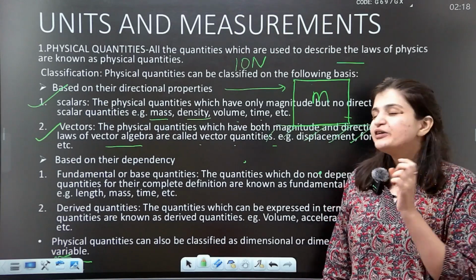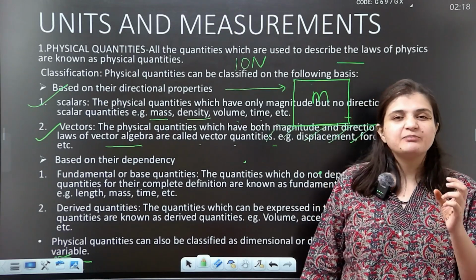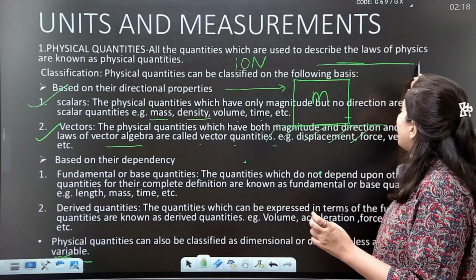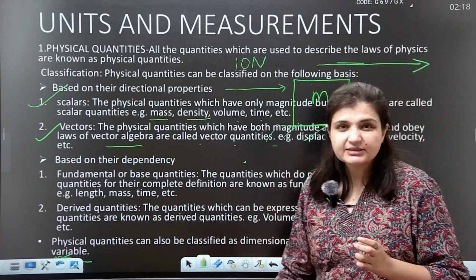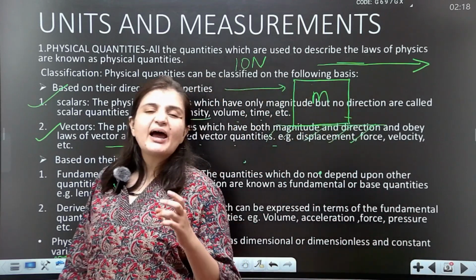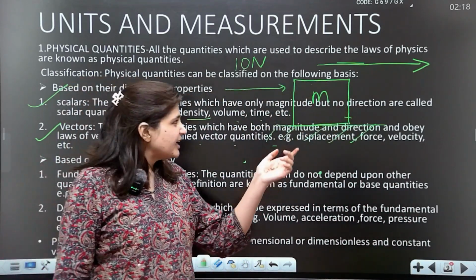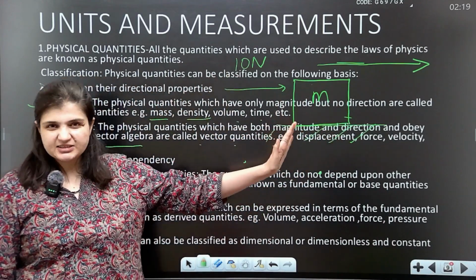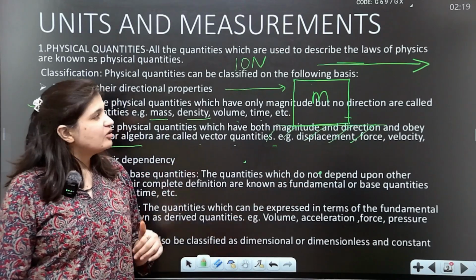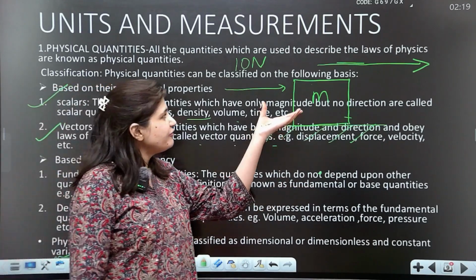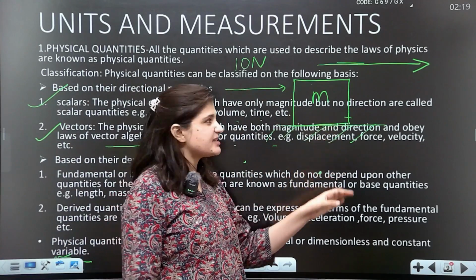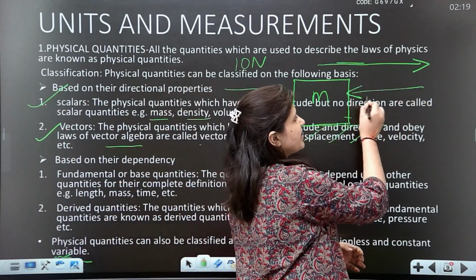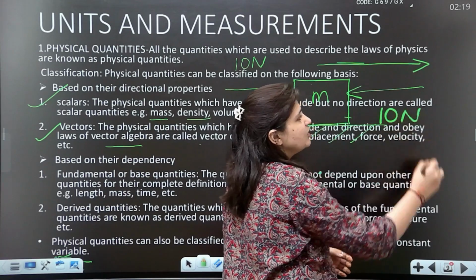So we know that after a certain time it will travel and it will cover a certain distance. So when we have applied this 10 Newton force on this object of mass m, it will cover a certain distance. But what will happen if this 10 Newton force is applied in this direction, and in this direction we also apply a 10 Newton force?